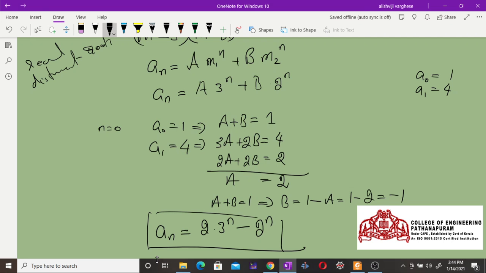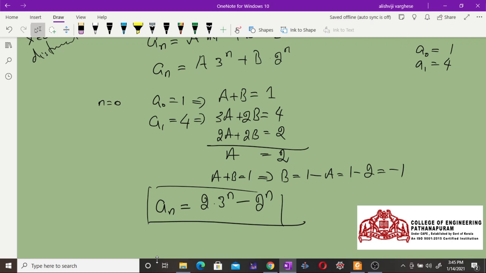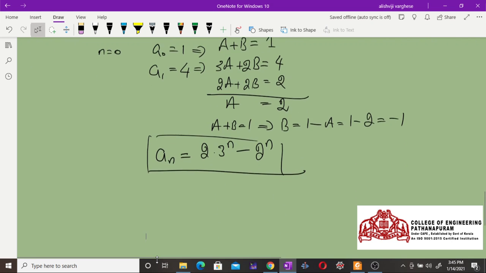So that's a method which gives the solution of a linear recurrence relation with constant coefficients.